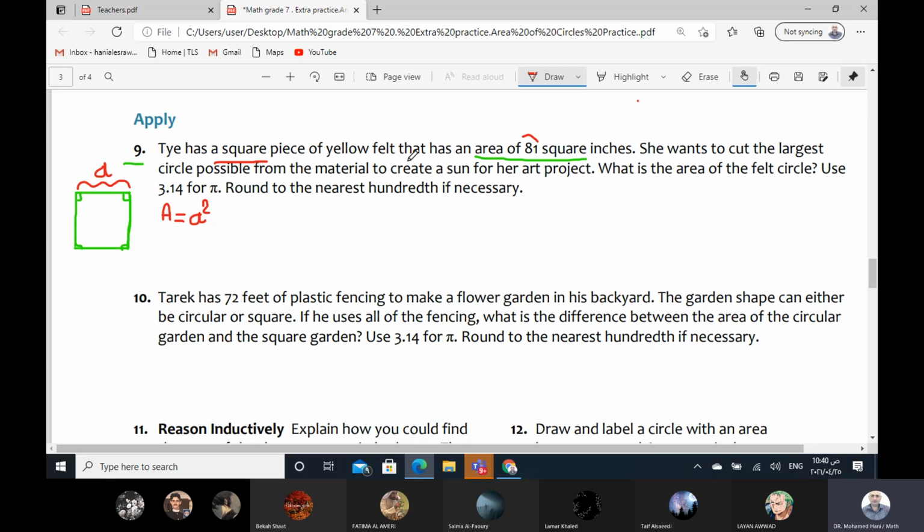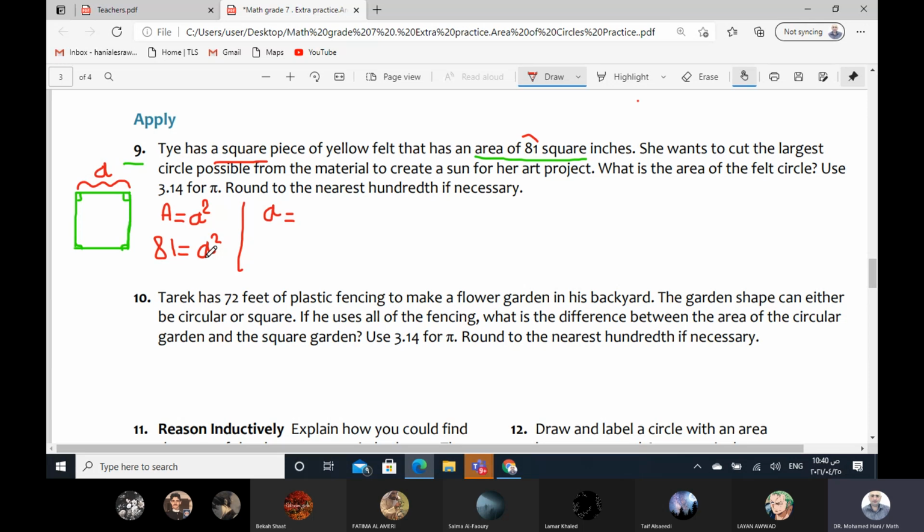We know the area is 81. So a squared equal 81. Means a equal what?